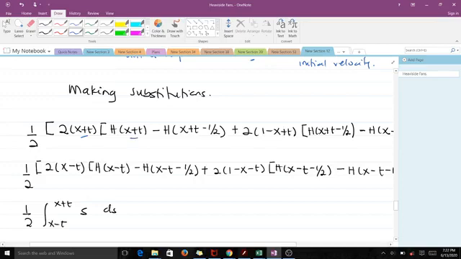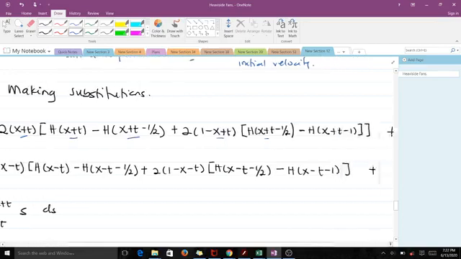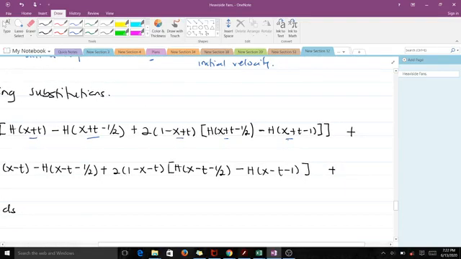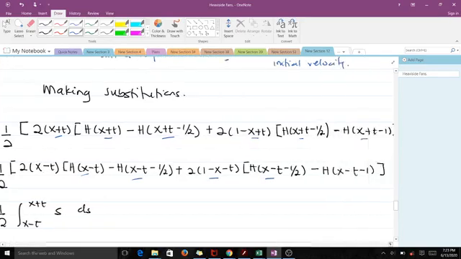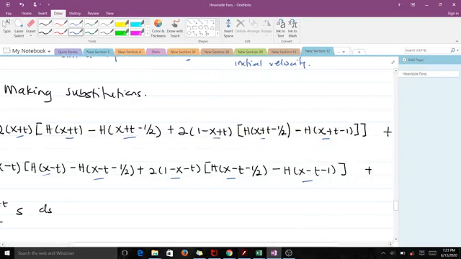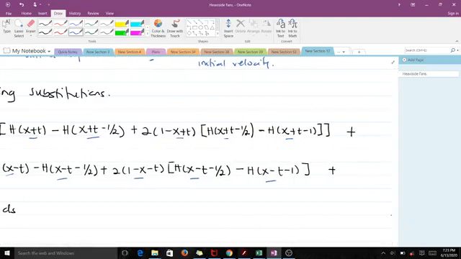Then we have this here, that here. So wherever we find x, we put x plus t there, and we're going to have this lengthy thing here. Then plus, now we are coming to put x minus t. So plus 1 over 2, then 2 times x minus t, then h of x minus t minus, so this also takes the x minus t. Then we have something lengthy, as we can see here.